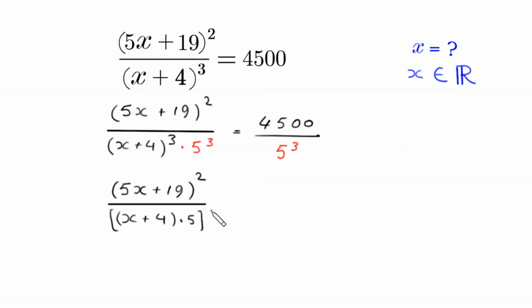Is equal to, if we factorize this 4500, it will become 5 times 5 times 5 times 36, divided by this 5³, which is the same as 5 times 5 times 5.